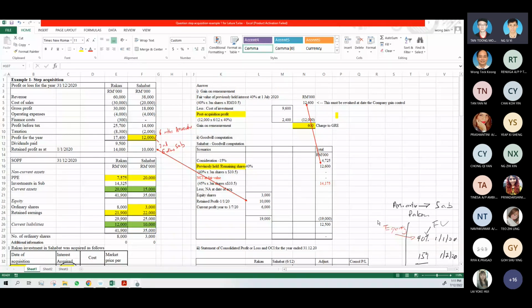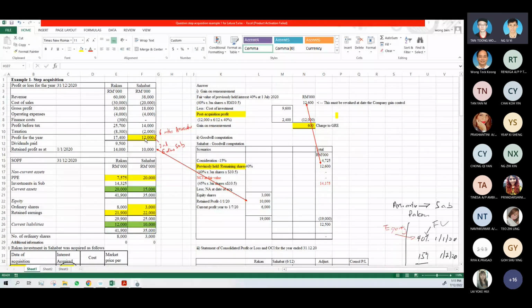The current year profit, 12,000, 12 million. $12,000. Not, I saw it's 6,000.